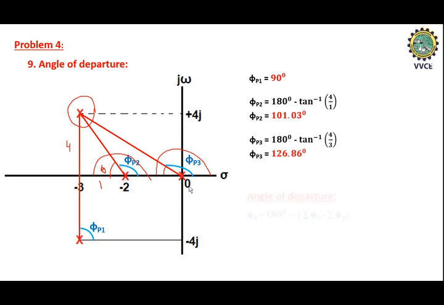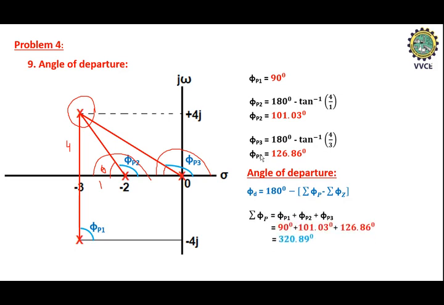So now to find the angle of departure, the equation is 180 degree minus summation of phi p minus summation of phi z. Here summation of phi p is phi p1 plus phi p2 plus phi p3. You need to add all the angles made by poles. That is 90 plus 101 plus 126, which gives 320 degree.